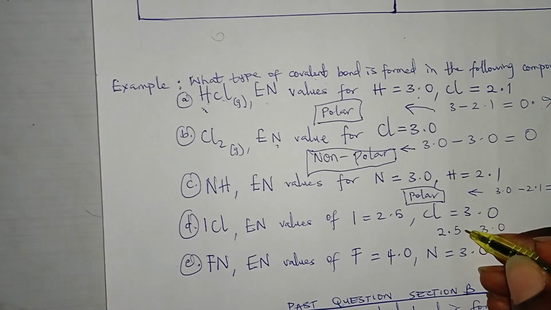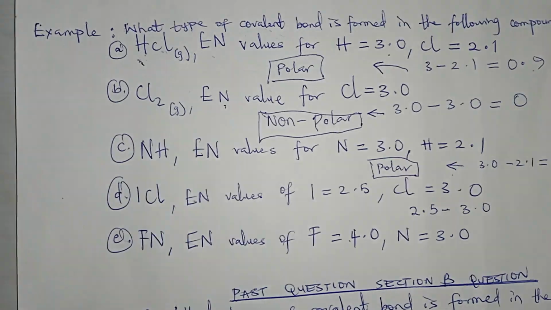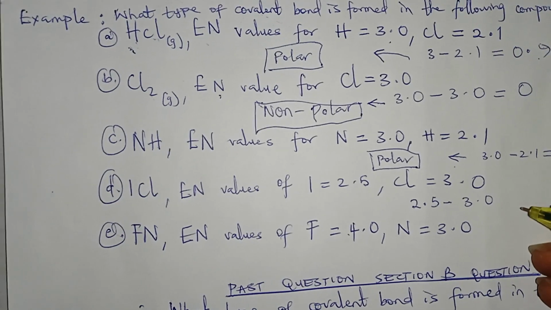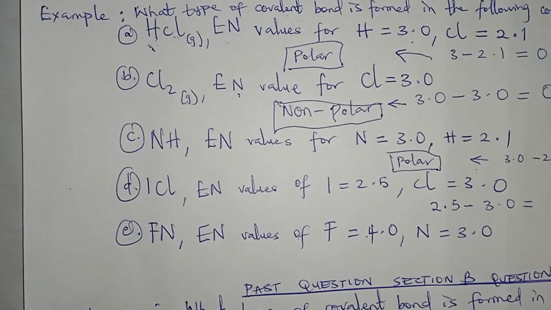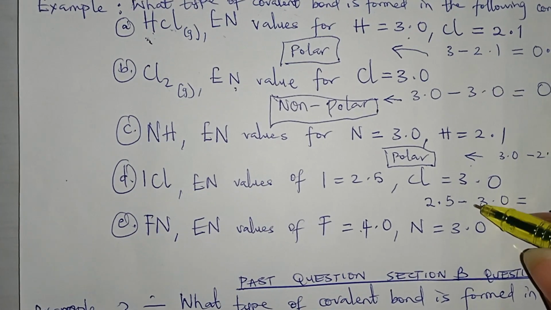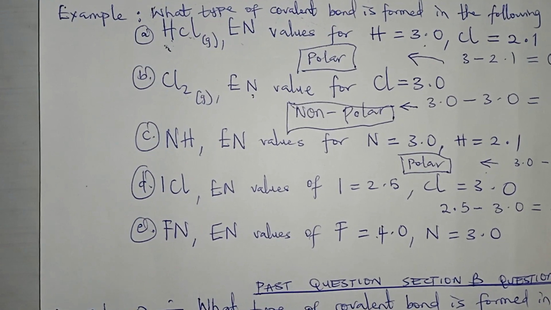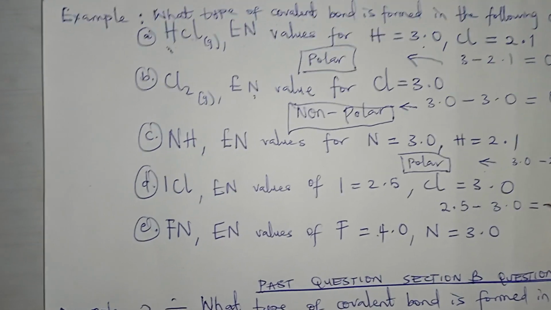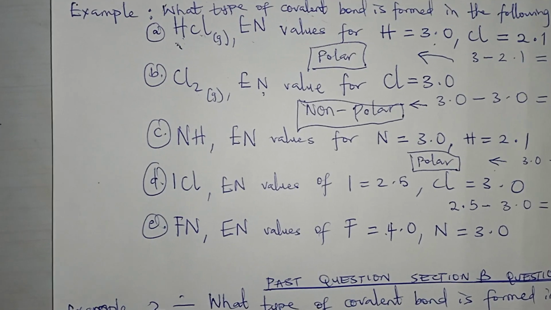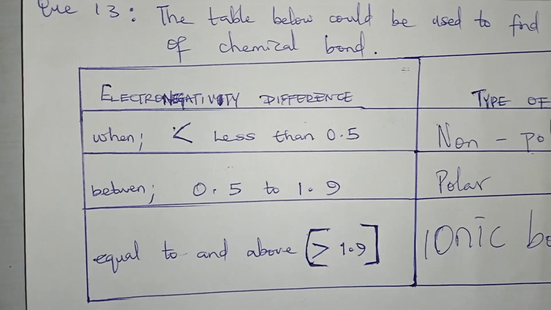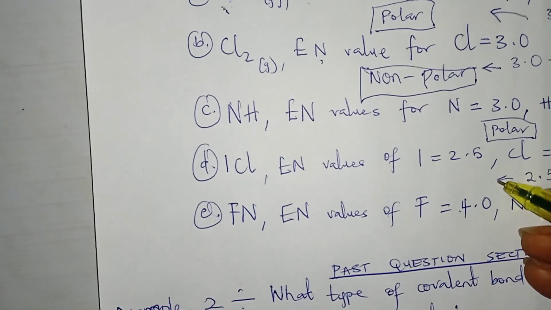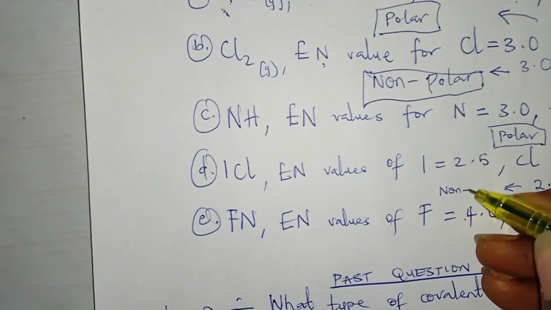So solving this, 2.5 minus 3.0, notice that whenever the negative sign is before a larger number, you carry the minus. So this will be minus 0.5, and minus 0.5 is definitely less than positive 0.5. So this is a non-polar covalent bond. So it's non-polar.